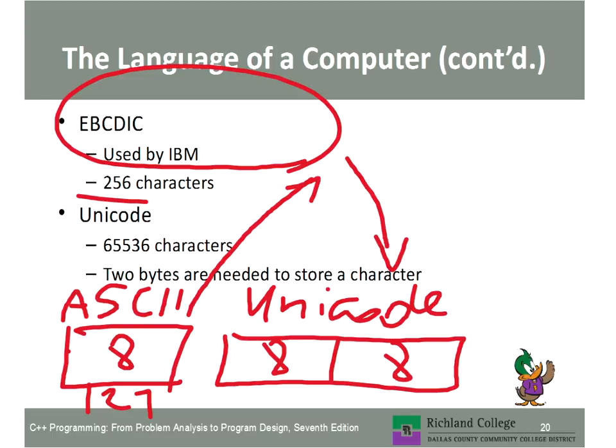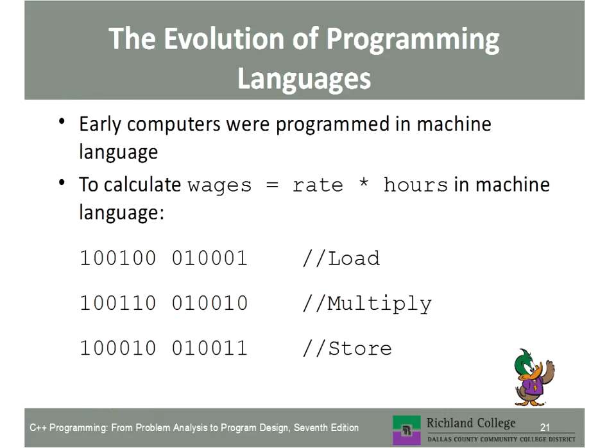The Asian languages require a lot more bits to represent their huge amount of characters. So that's going to be 2 to the 16th because of the 2 bytes. 2 to the 16th number of characters you can represent in Unicode. So Unicode was invented for, what do you want to call it, internationalization of computers, basically.